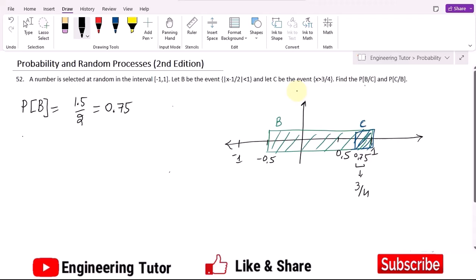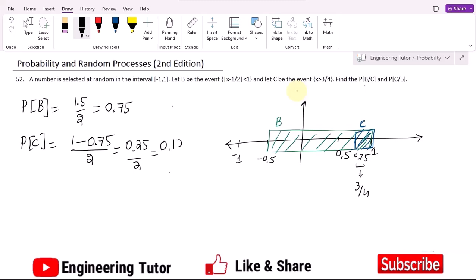And the probability of C was 1 minus 0.75 divided by 2. So this was 0.25 divided by 2, so it was 0.125. How did we calculate it?